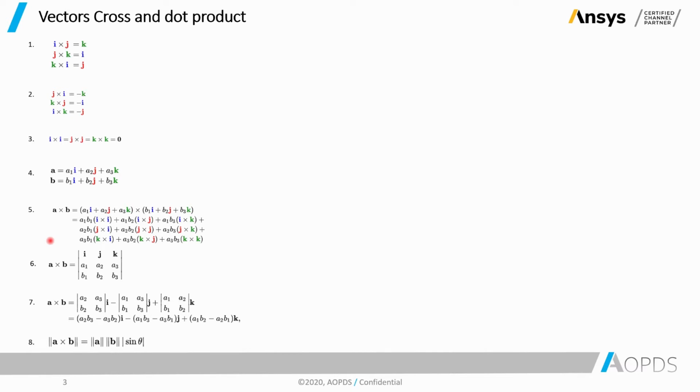Now, if we want to calculate the magnitude of A cross B, it is going to be the magnitude of A multiplied by the magnitude of B multiplied by the sine of the angle that these two vectors are making.